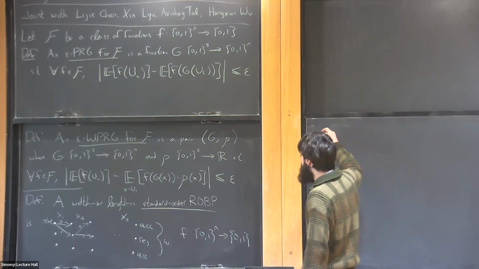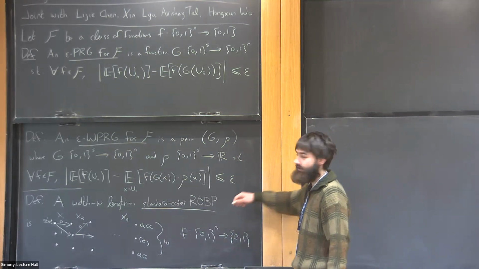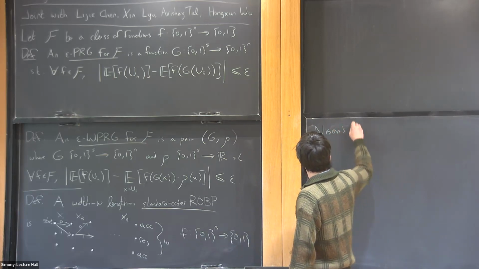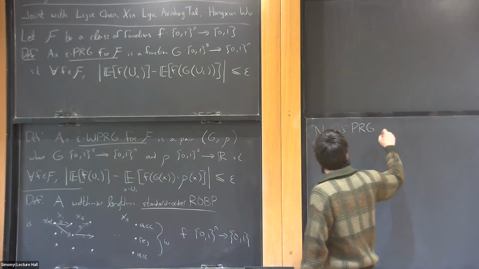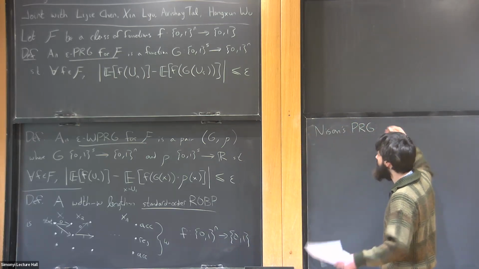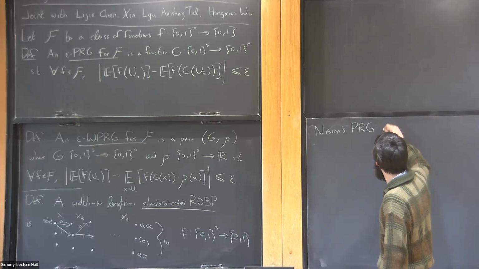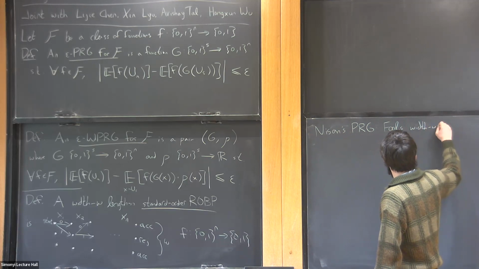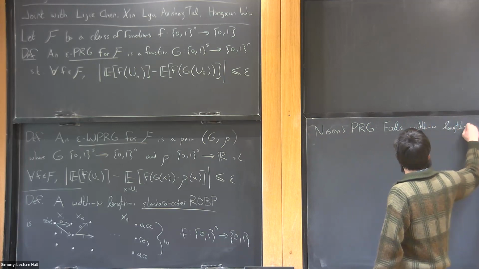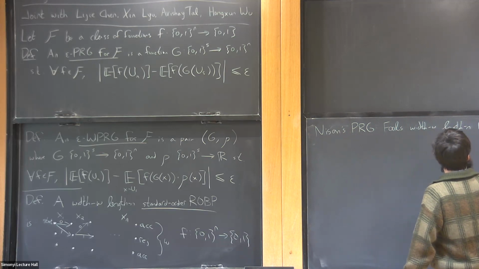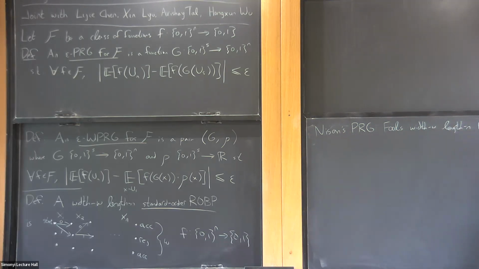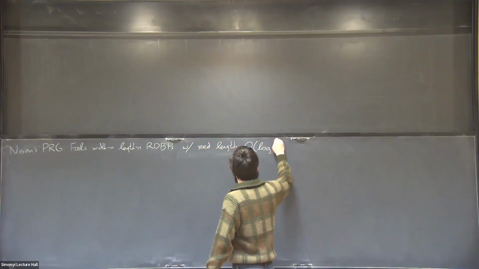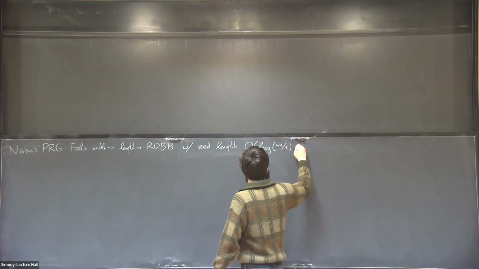If we're thinking about polynomial width read-once branching programs, Nissan's PRG, a true unweighted pseudorandom generator, fools width W, length n standard order read-once branching programs with seed length log(Wn/epsilon) times log n.